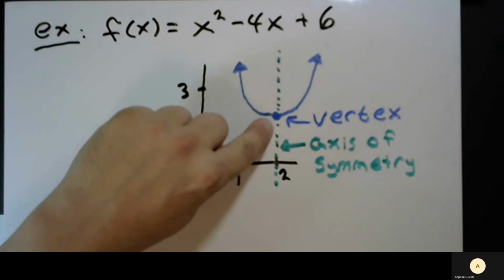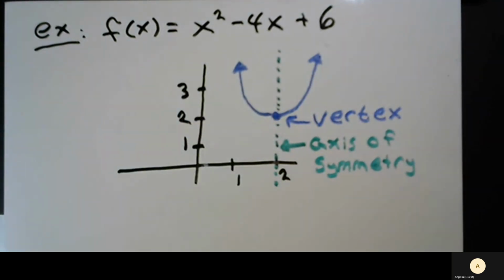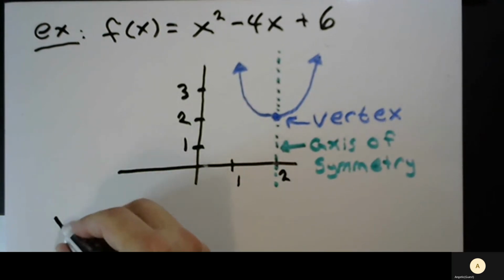So we have the vertex and the axis of symmetry. Now, to find the vertex, there's a formula.